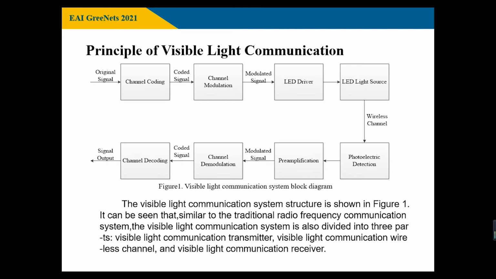The first is the visible light communication transmitter. The original signal is a binary bit stream. First, pre-processing, coding, and modulation are performed.